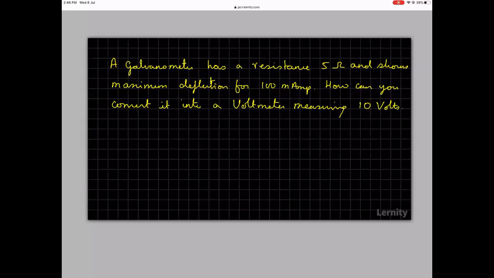Okay, so the way you go ahead with it is this. First you have a galvanometer and you have a resistance which is connected to it. This current is equal to 0.1 ampere. So 0.1 into (5 plus R) is equal to 10. So 5 plus R is equal to 100.